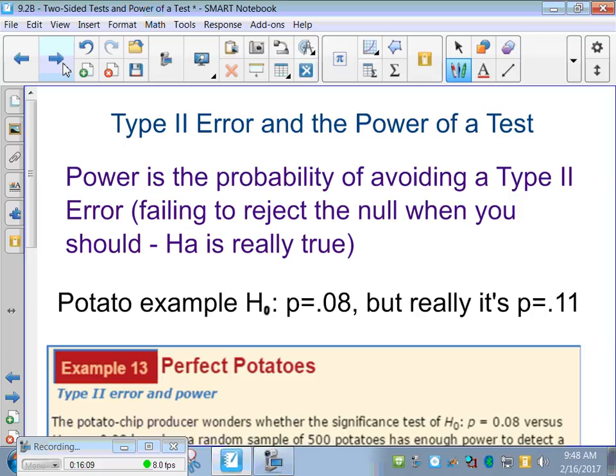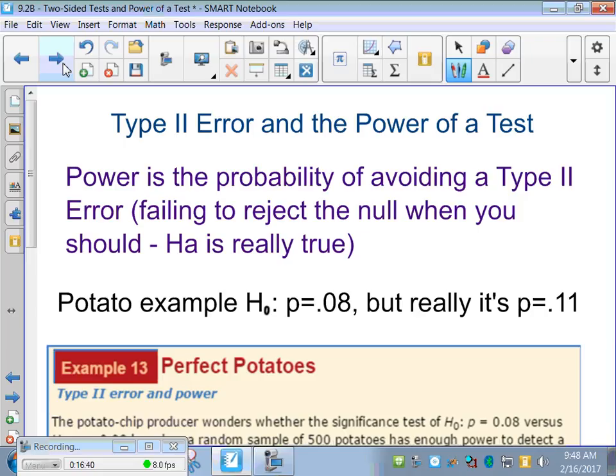Power is the probability of avoiding a type 2 error, which is failing to reject the null when you should reject the null because the alternate hypothesis is true. Okay, so power is the probability of avoiding a type 2 error. So we want to get it correct to reject the null.